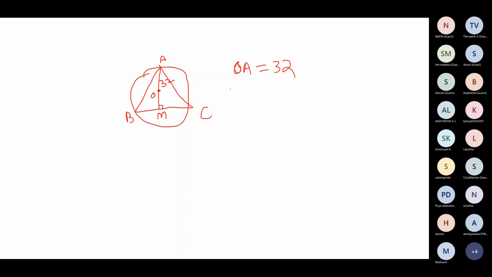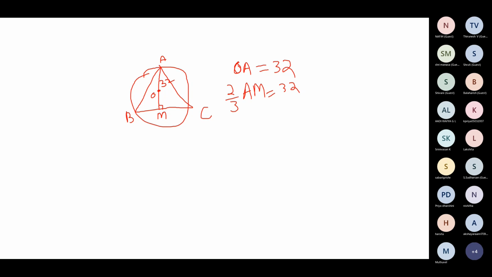But OA is 2/3 of AM. So 2/3 of AM is equal to 32. Children, AM is the altitude, the median of equilateral triangle ABC. The radius is 32, so OA is 32.